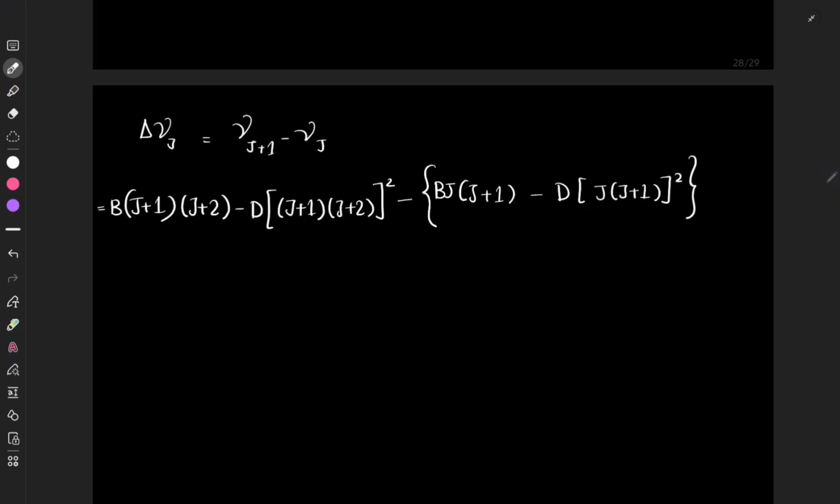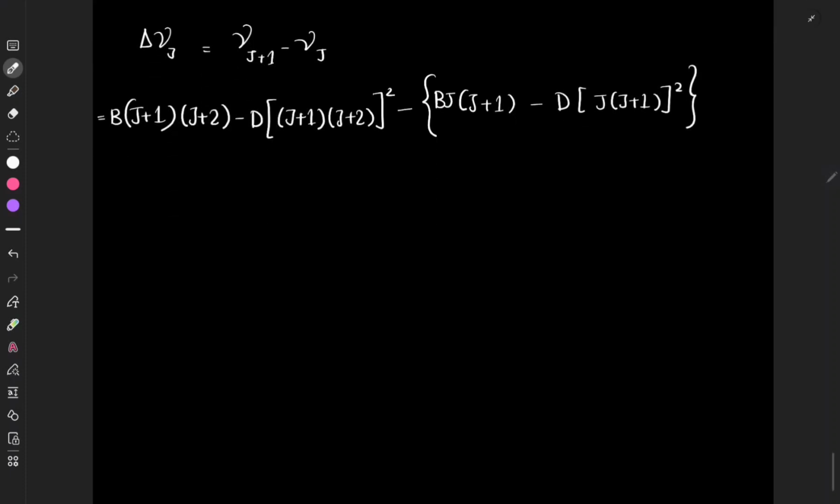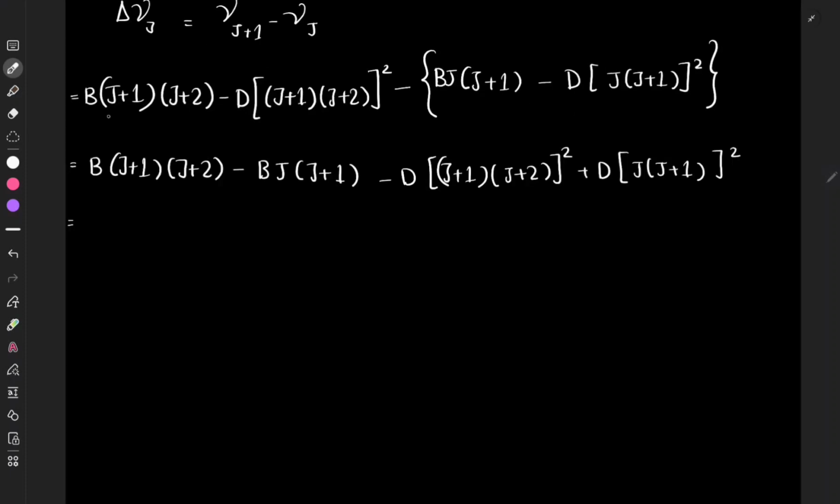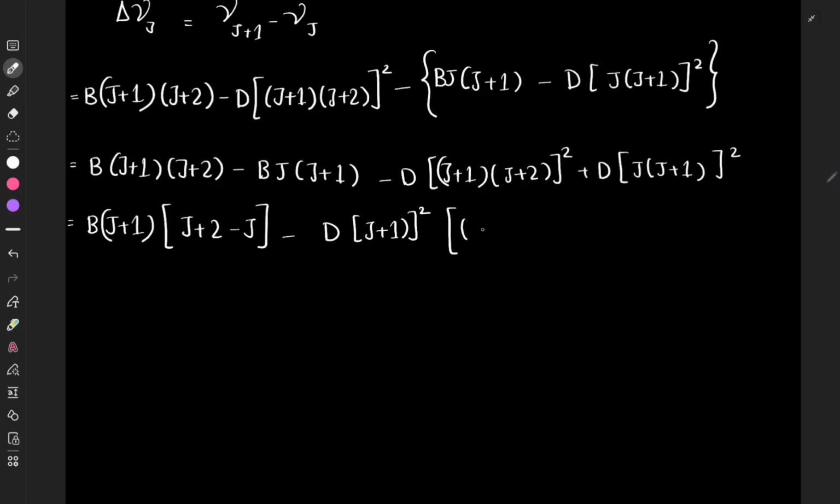Now to solve this equation, I separately wrote B terms together and D terms together. You can take B common from here, and the rest of the term is j plus 2 minus j. Similarly, you can take D common, and the rest of the equation will be j plus 2 the whole square minus j square.